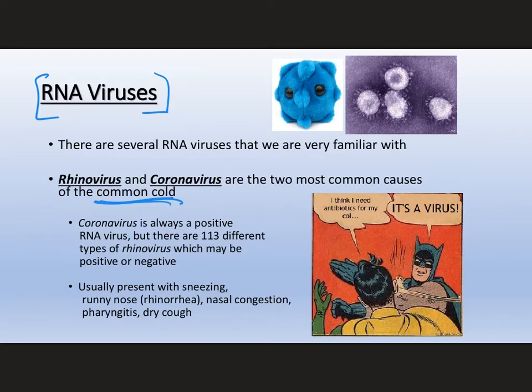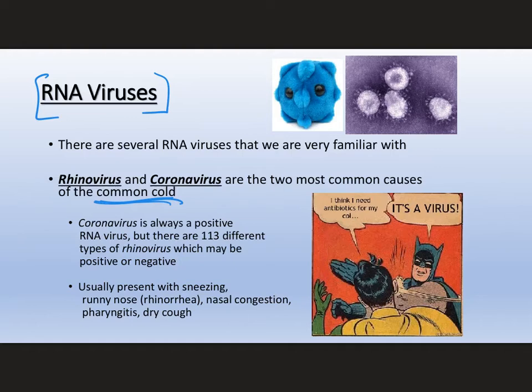So the common cold is usually caused by a rhinovirus. Sometimes it can be caused by another group of viruses called coronaviruses, which you probably never would have heard of before until recent current events. Now, coronaviruses are what are called positive RNA viruses. We're not going to go into what that positive negative means.